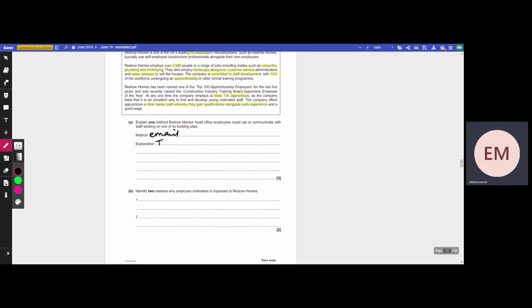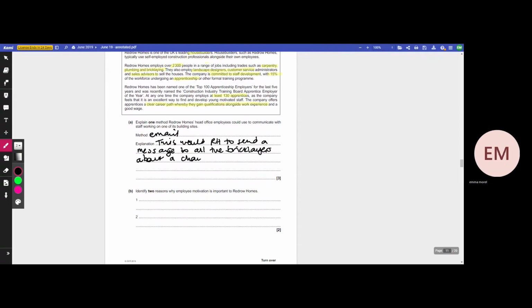So we could say here, this would allow, and it's got to be in context because it's in the question, this would allow Redrow Homes to send a message to all the bricklayers about a change to delivery of bricks, which they could pick up when on break.